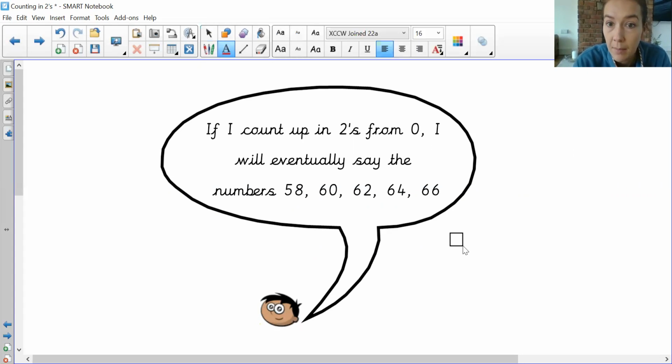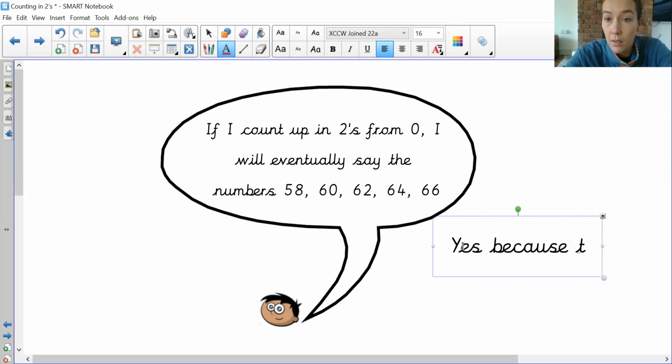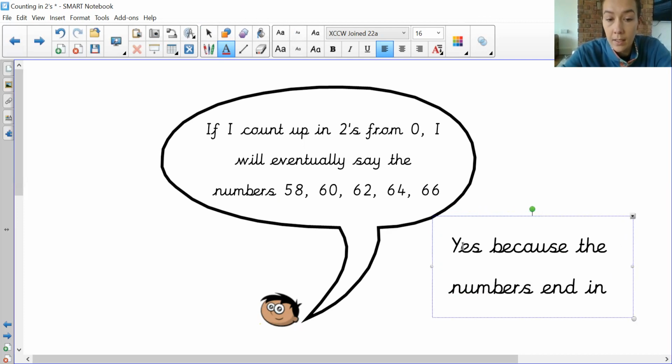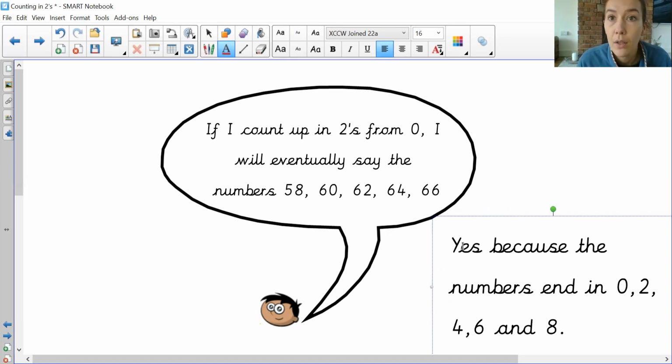So that's why it's really important to remember these key rules to help you along whilst you're doing your maths. So yes, and you could even go on to say why, because the numbers end in 0, 2, 4, 6 and 8.